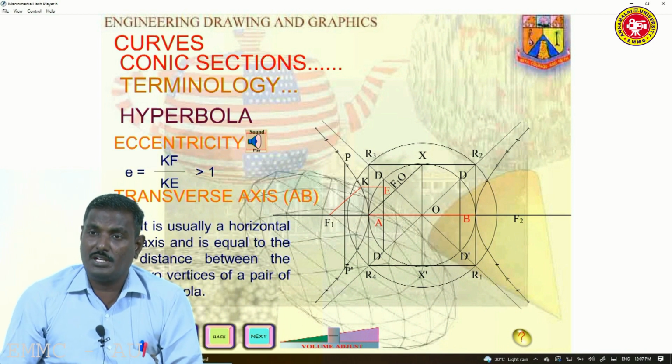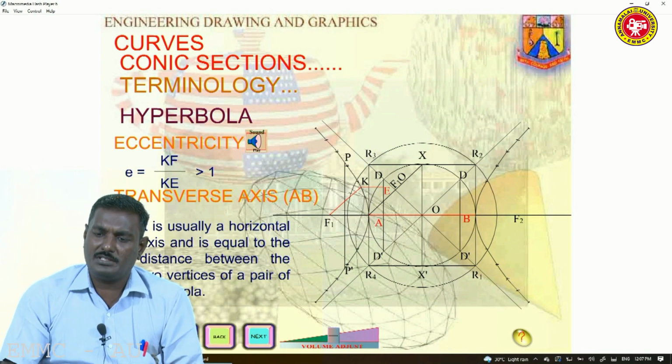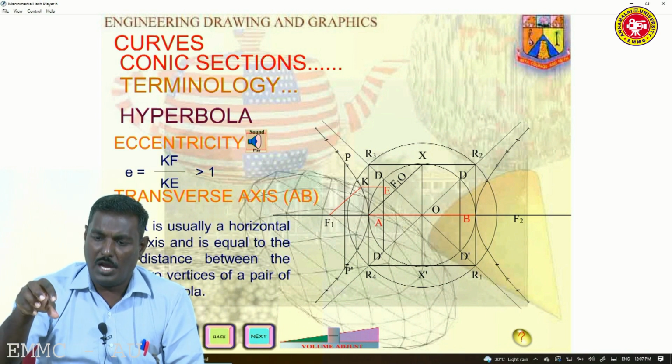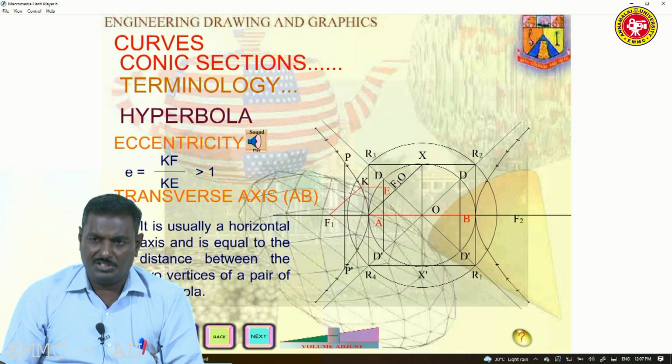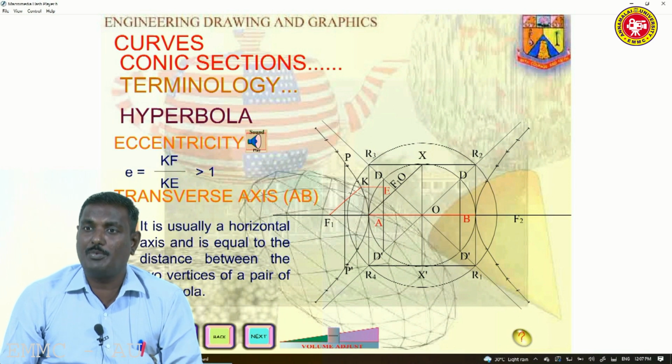That ratio is called the eccentricity. If it is greater than 1, then whatever curve you obtain by this eccentricity method is called a hyperbola.